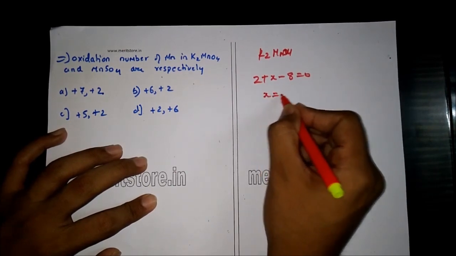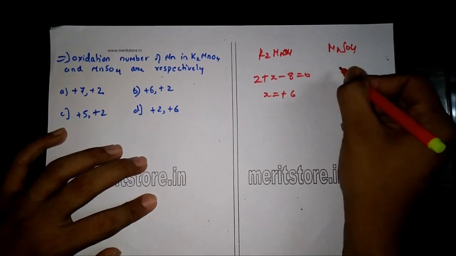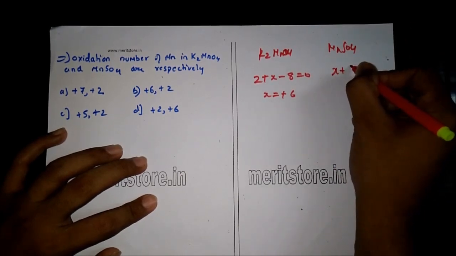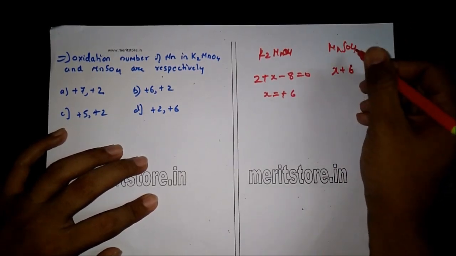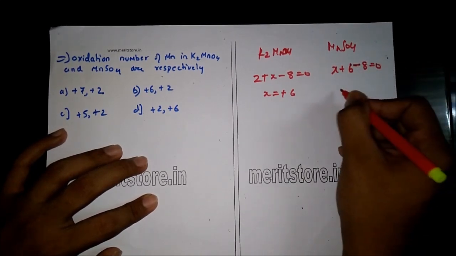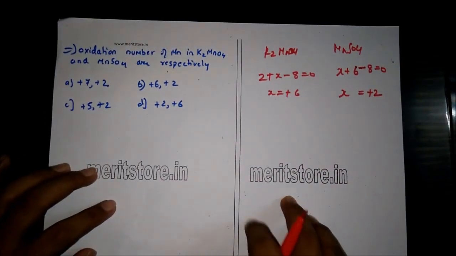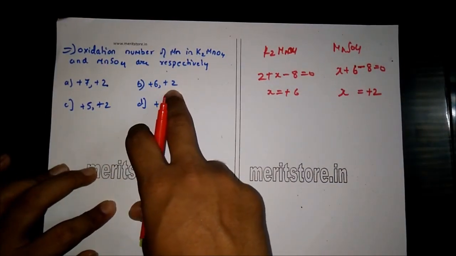Therefore, X will be equal to plus 6. Now in MnSO4, X plus 6, which is the oxidation state of sulfur, minus 8 equal to 0. Therefore, X will be equal to plus 2. Therefore, here the correct answer is plus 6, plus 2, which is option B.